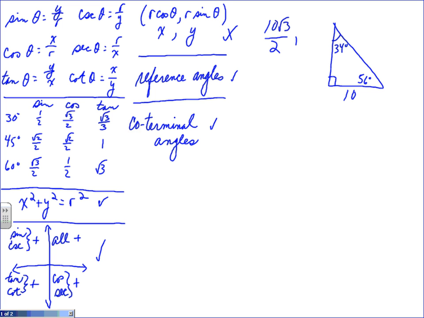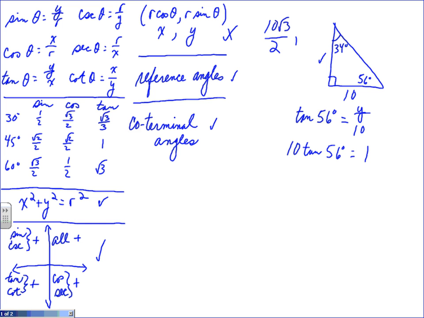Well, I think I'm going to use tangent in order to find this side right here. I'll use tangent. Because tangent of 56 degrees is equal to opposite, which is that check mark, and we'll put y, over the adjacent, which is 10. Multiply both sides by 10. 10 times tangent of 56 degrees.